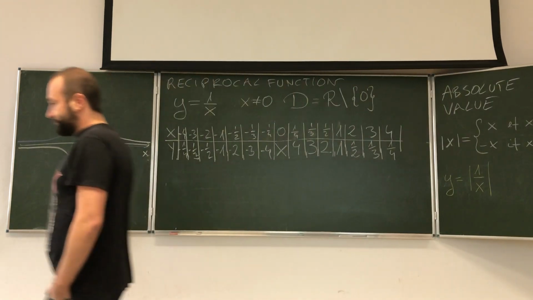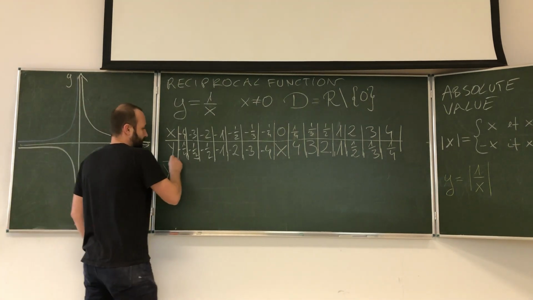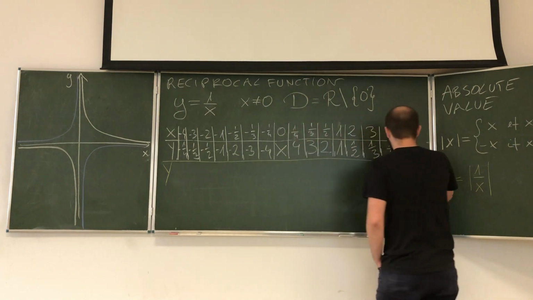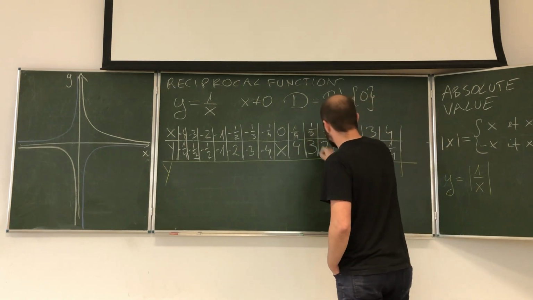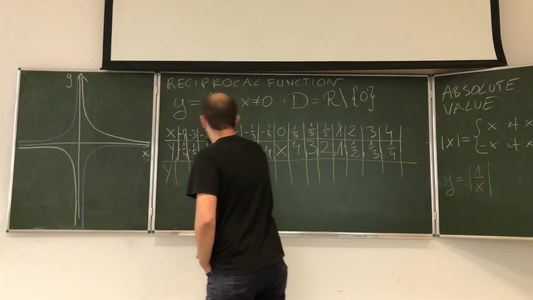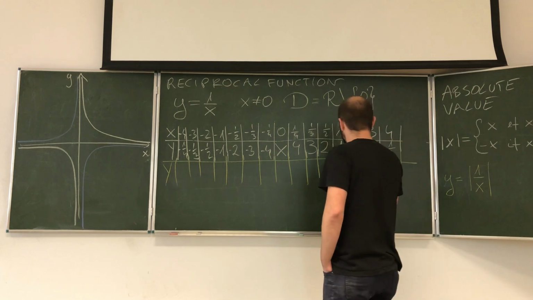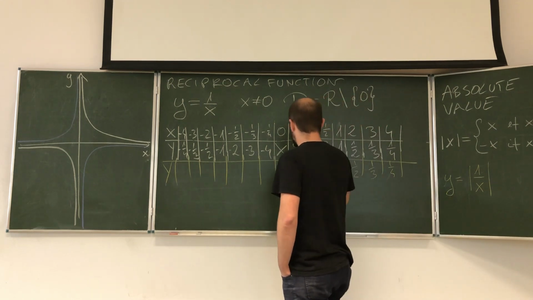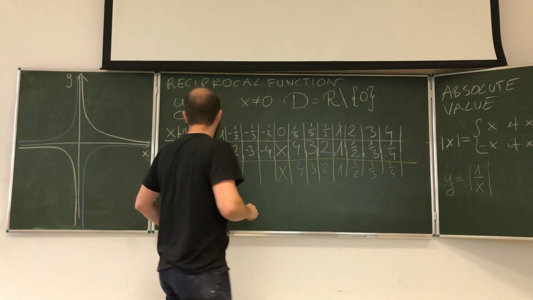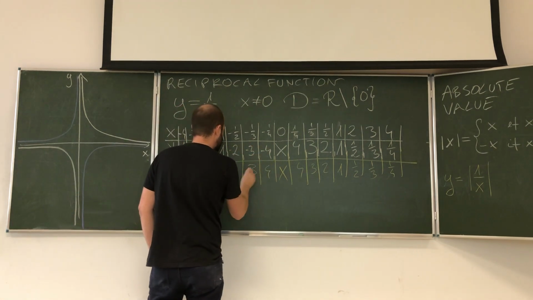Okay, so what's going to happen now? Well, all the positive numbers should stay the same. Y 1 over 4, 1 over 3, 1 over 2, 1, 2, 3, 4, nothing here. All the negative numbers should become positive.